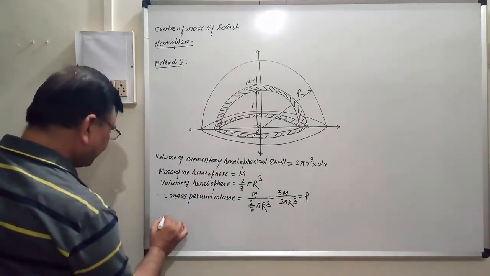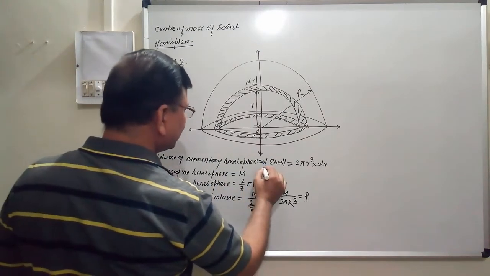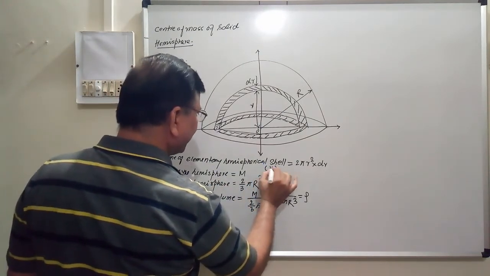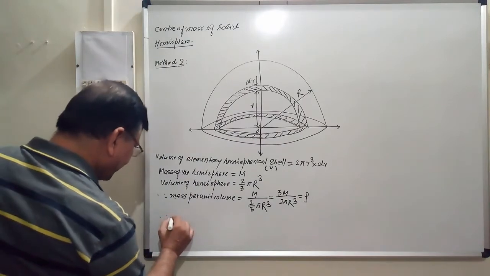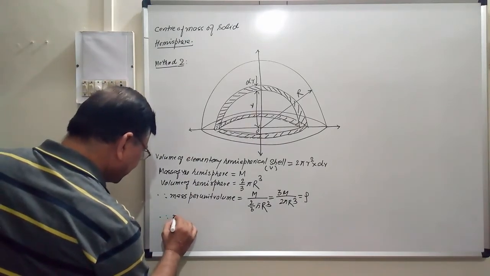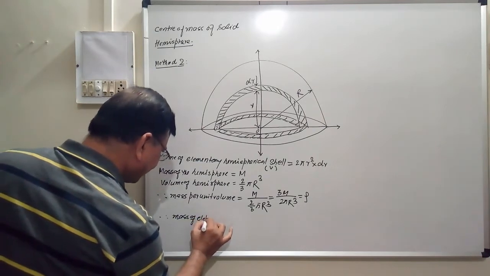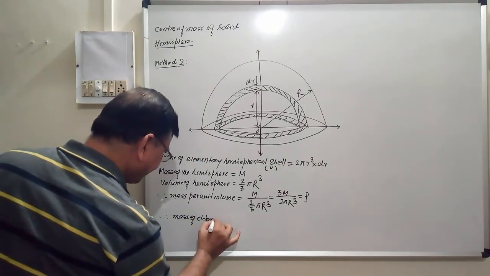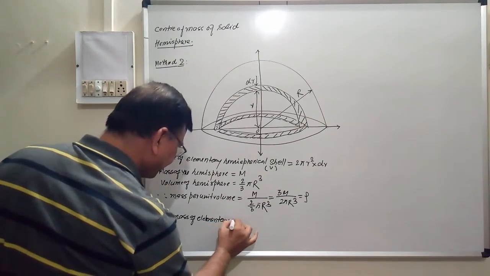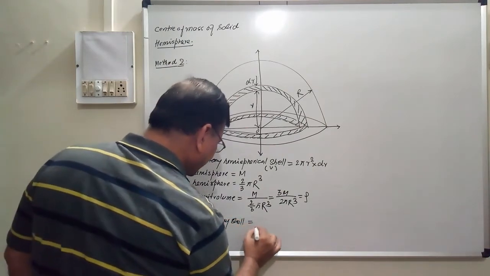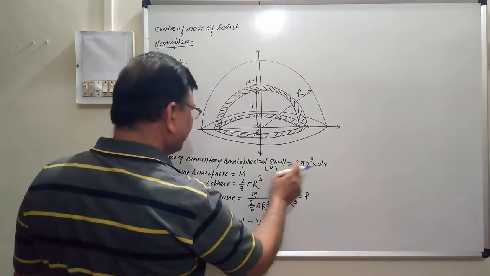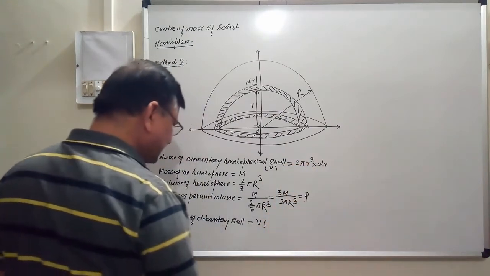Therefore, this volume, you just imagine it is V. Therefore, mass of elementary shell is equal to V into rho. This volume is this, rho is this.